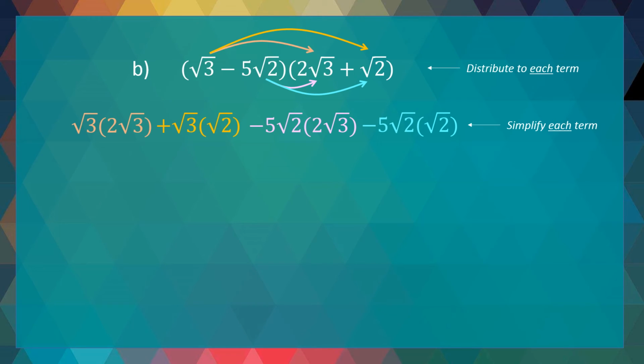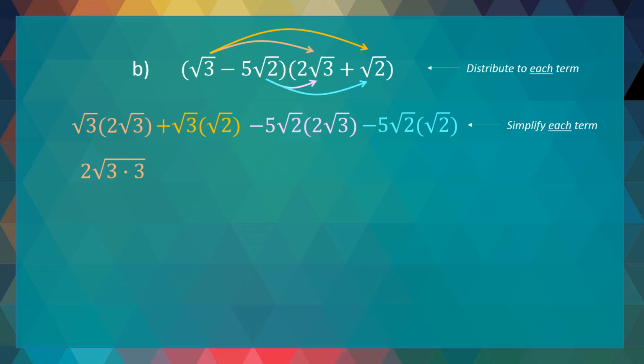Your first term of square root 3 times 2 square root 3, we are going to reorder it. Any values outside the radical go in front, and then radicals can be grouped together if they have the same index. They can be written together under the same radical. So we can write the first term as 2 square root 3 times 3.